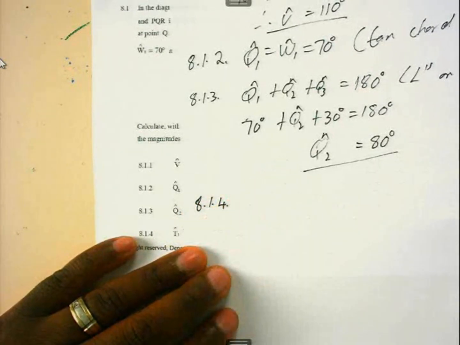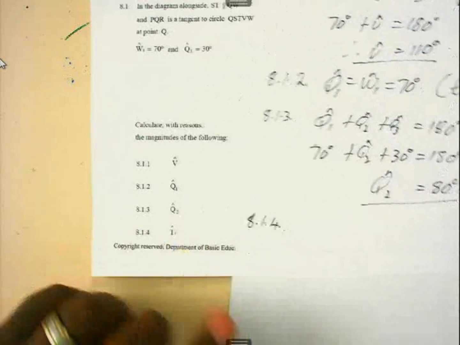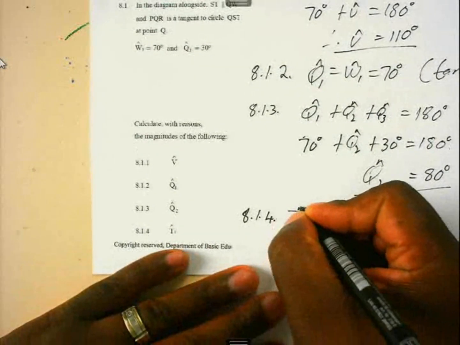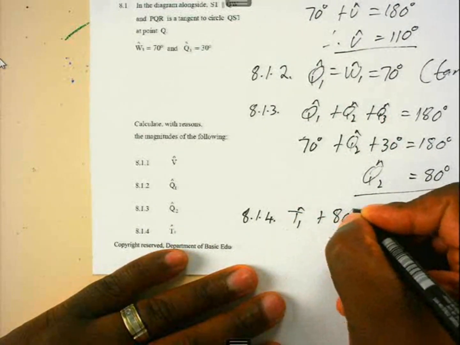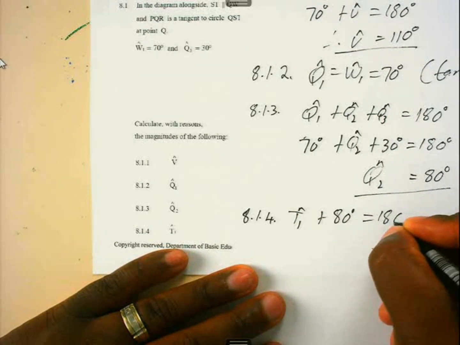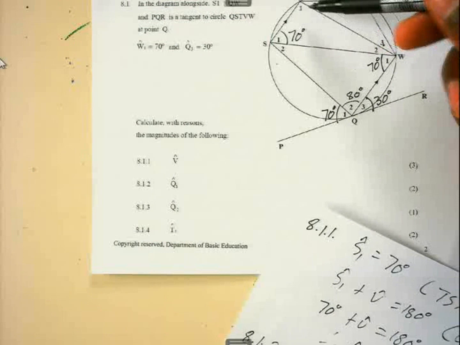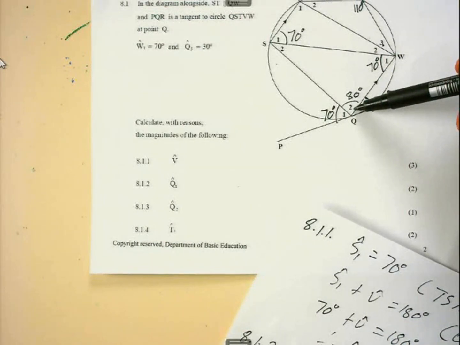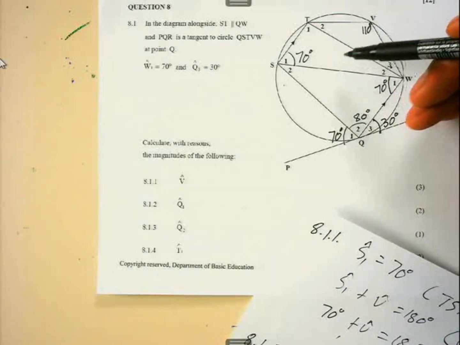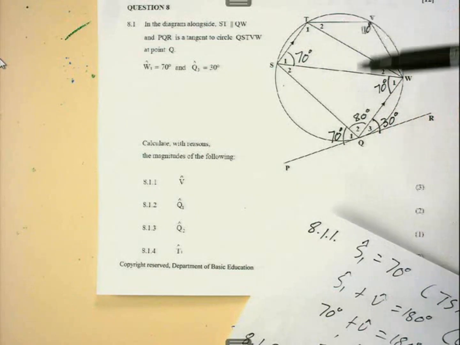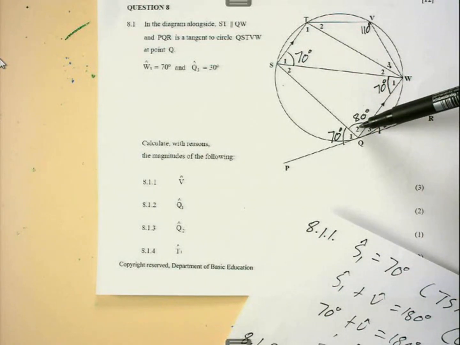8.1.4, we said angle T1 plus 80 degrees gives us 180 degrees. T1 plus this 80 of Q2 give us 180 degrees.